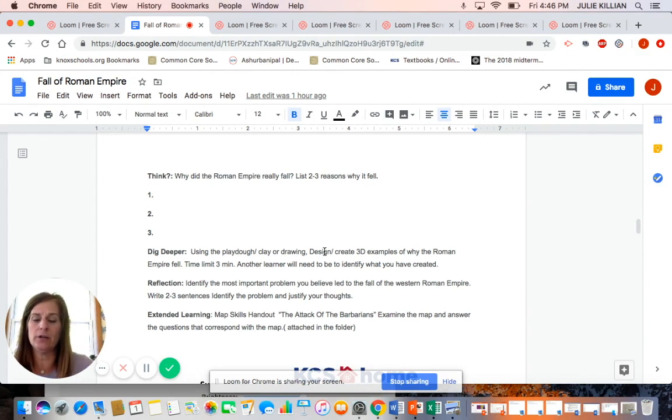The way I like to close the lesson in class is with something called a reflection. A reflection gives you time to think about everything that we talked about in class, and then formulate that into written work. So really identify the most important problem that you believed led to the fall of the Western Roman Empire. You could probably do that in 2 to 3 sentences.